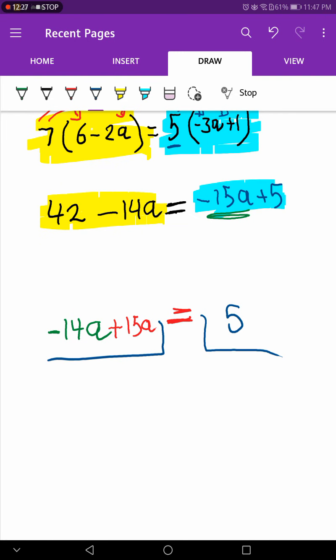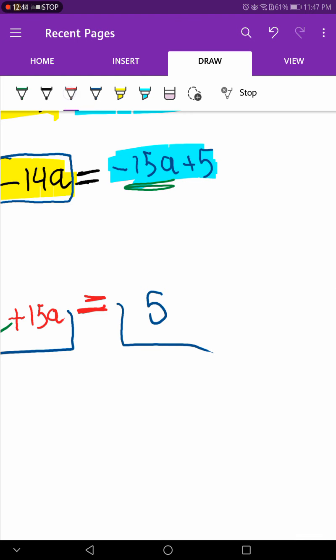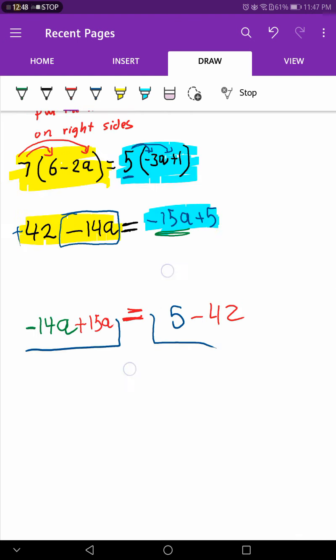Is it negative or positive, my dear student? Yes, it is positive 42. So when I move it, it will be negative 42. Great.